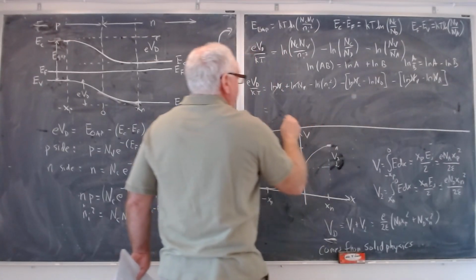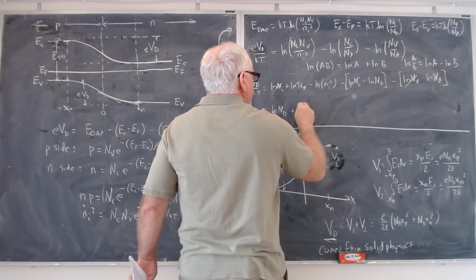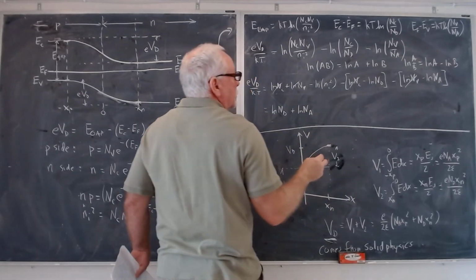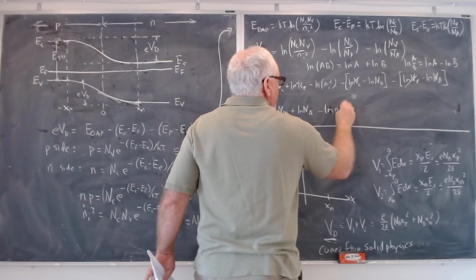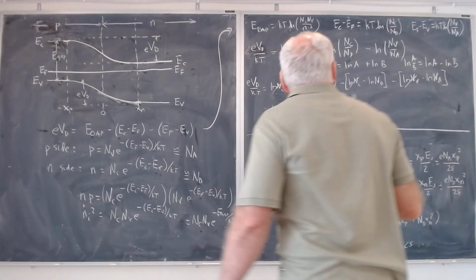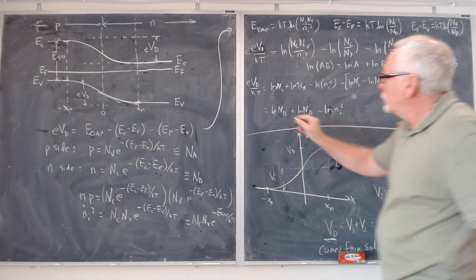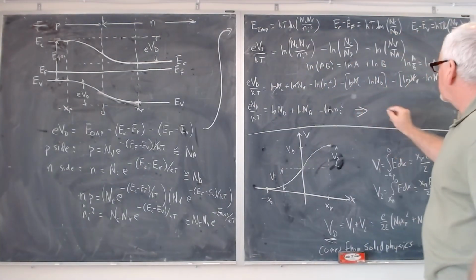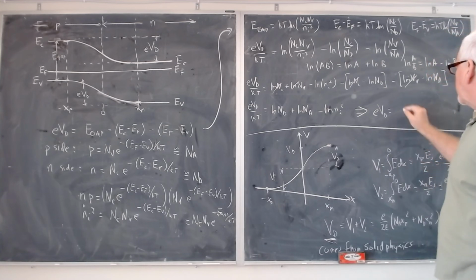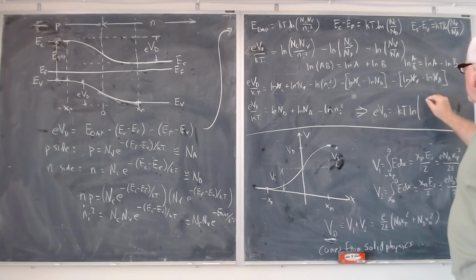Now, this one turned positive. And that one's positive too. Minus. And then I'll just collect them. So EVD is equal to KT. Now I'm going to do this in reverse. Natural logarithm NA ND over Ni squared.